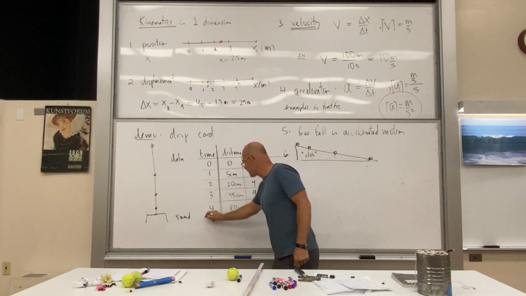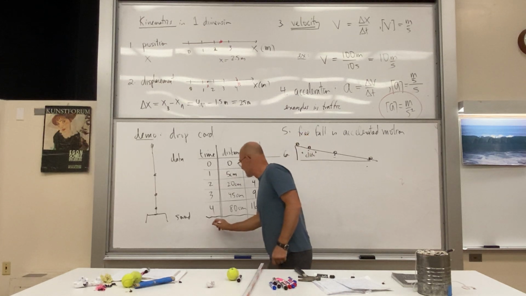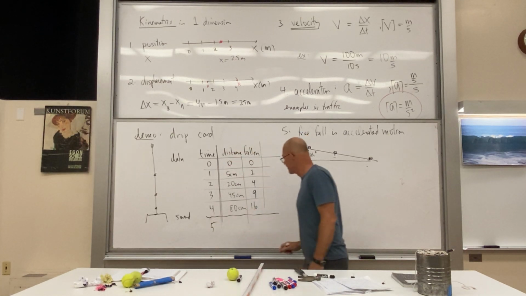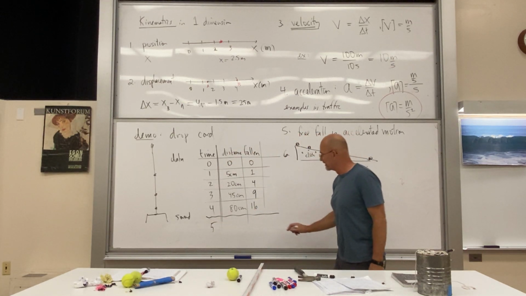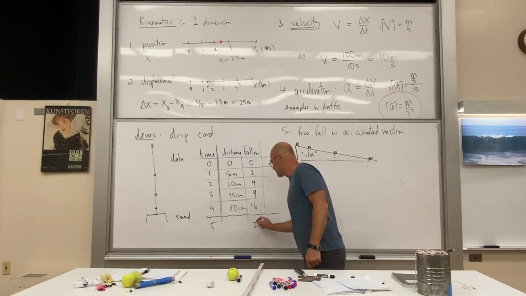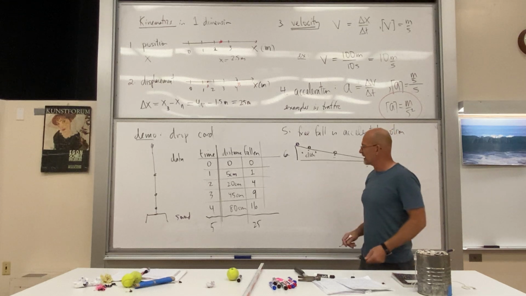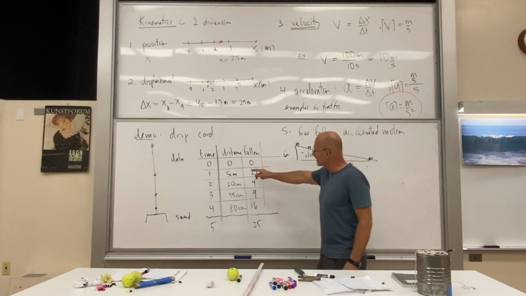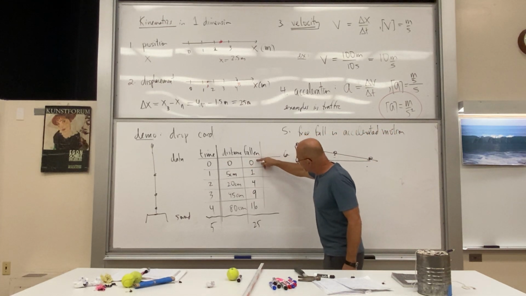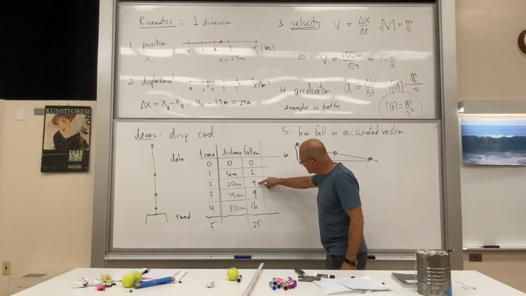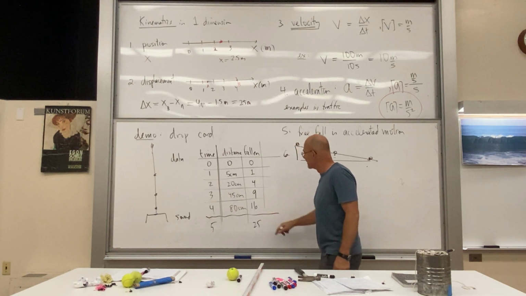If we were to keep going, then what would we have here? 25 and so forth. So you can build a longer string, and you can use different increments. It's as long as you build the distances as the squares, okay?